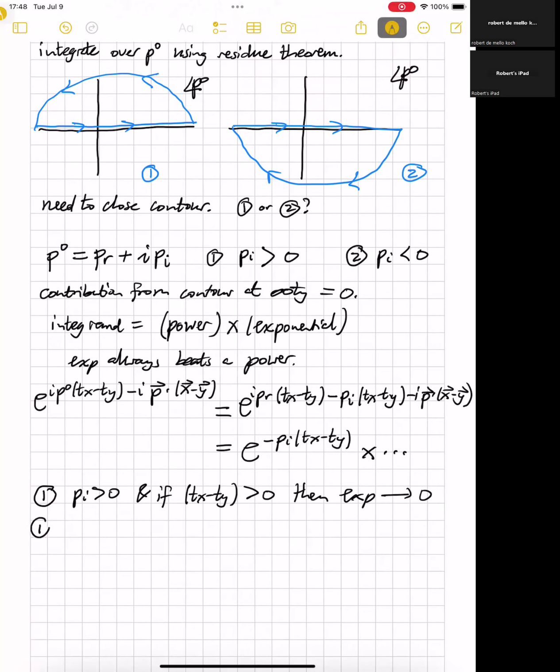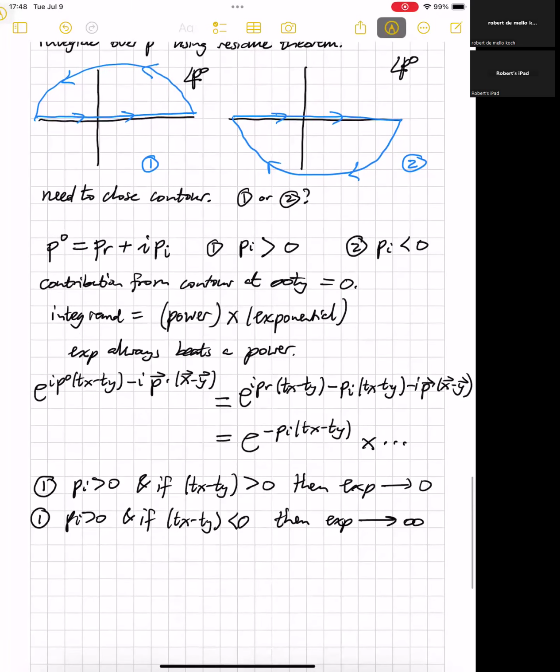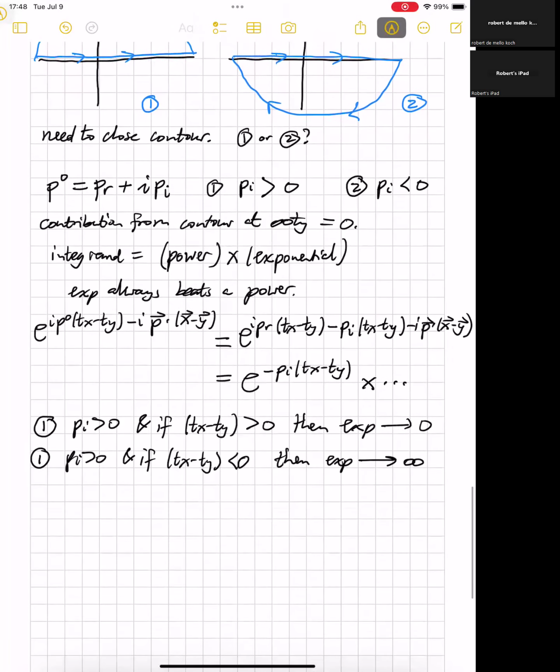If we're also on path 1, so pi is greater than naught, and if tx minus ty is less than naught, then tx minus ty is negative, which means that this exponential is e to a positive number. So in this case, the exponential actually grows. It'll go to infinity as we take pi to infinity. So it does not go to 0.